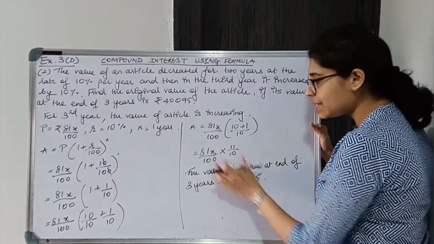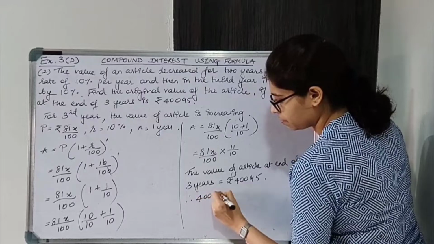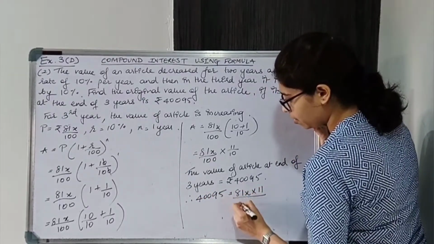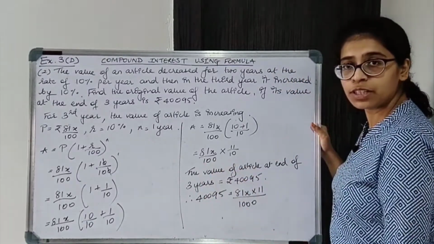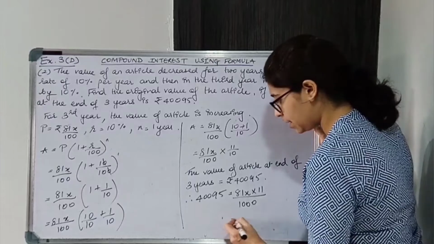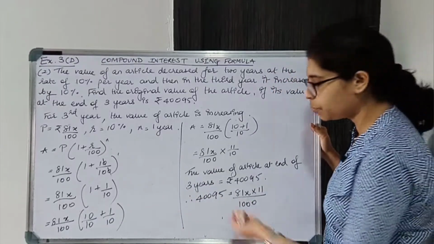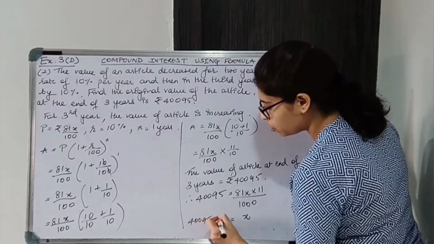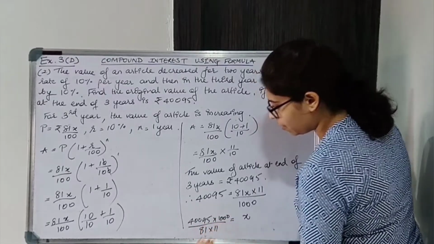So therefore this is equal to 81x into 11 upon 1000. Let's shift the numbers on the other side, keep x on one side. So it will become reciprocal, the ones in denominator will go in numerator and numerator will come in denominator. So x is 40095 into 1000 upon 81 into 11.